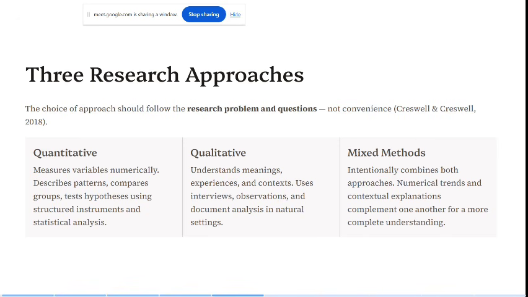Also from the contexts of some previous information. So this approach uses interviews, observations, and document analysis in natural settings, and most of the time researchers use it for finding meanings, okay?